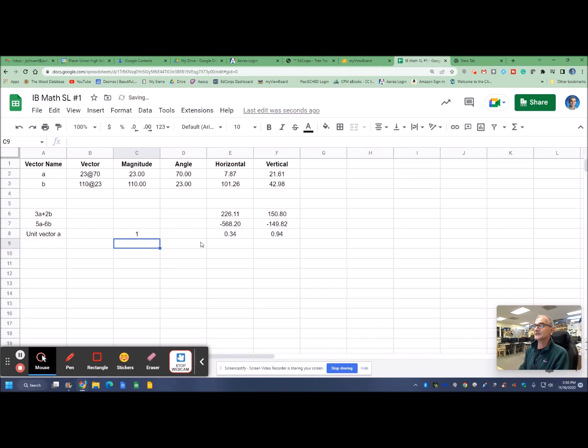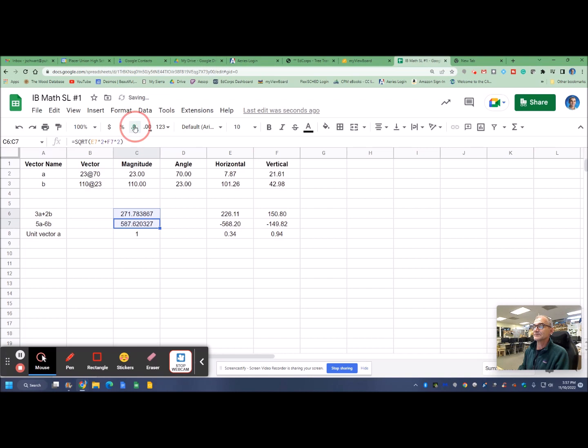And that equals 1, and that's why it's called a unit vector. So I could actually do the exact same thing here too. I could find the magnitude of that. Let's double check that it pulled up the right one. It did.